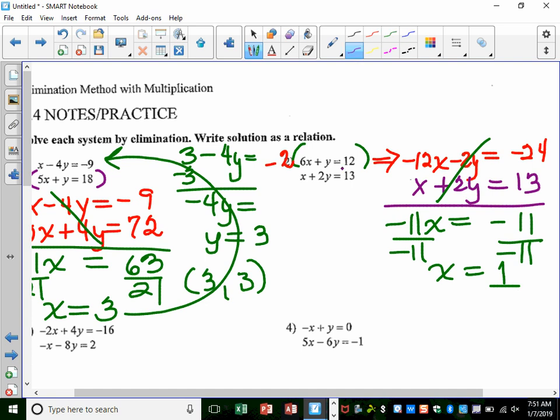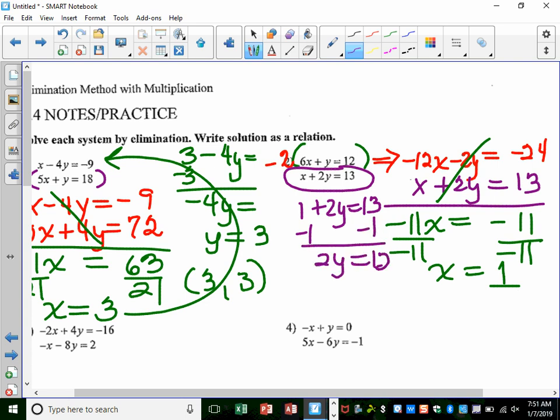I'll probably just use this one here because I like smaller numbers. So x is 1. So I'm going to say 1 plus 2y equals 13. Subtract 1, 2y equals 12. So y equals 6. Okay, and then you write your final answer as a coordinate.